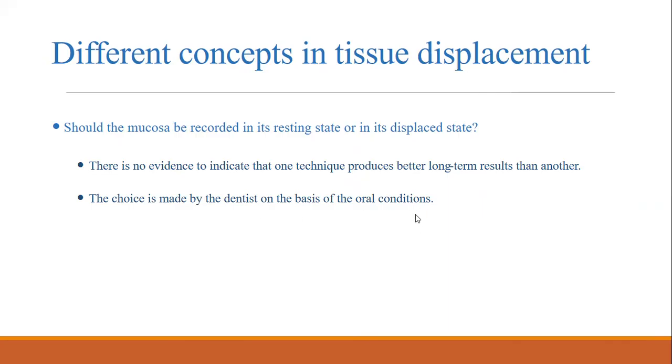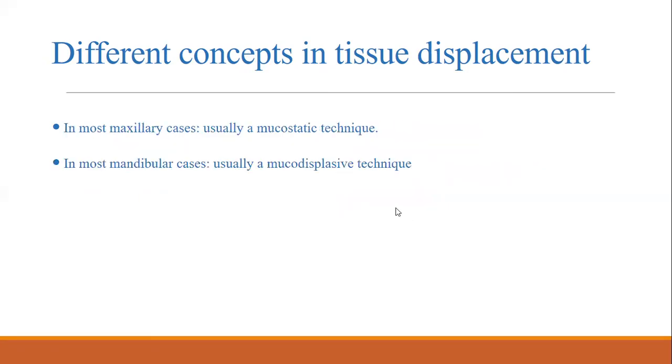يعني شو الأورال condition عندي، شو الوضع اللي عندي، هون بيهمني كمان اللي هو الكلينيكال examination اللي بيحدد لي. In most maxillary cases usually mucostatic technique. ليش؟ لأن حكينا الريزيدوال ريدج اللي موجود عندي بالماكسيلا is secondary stress bearing.